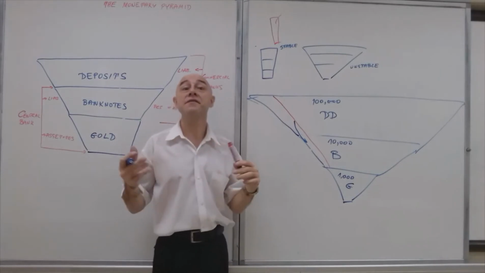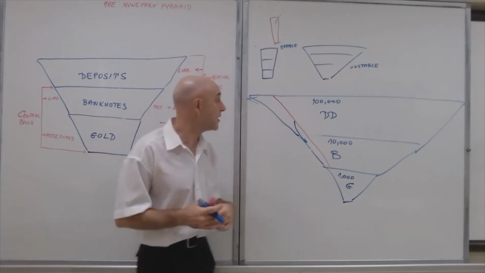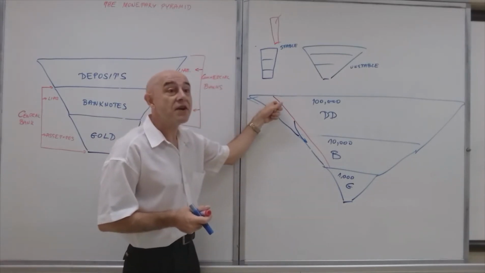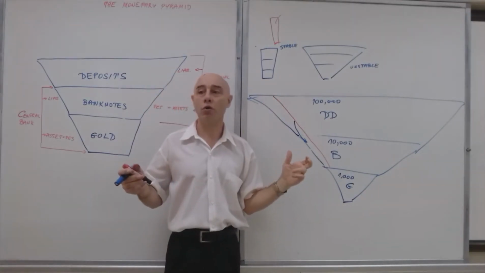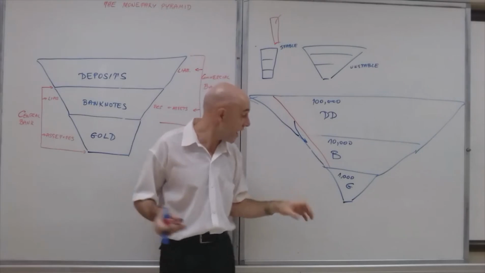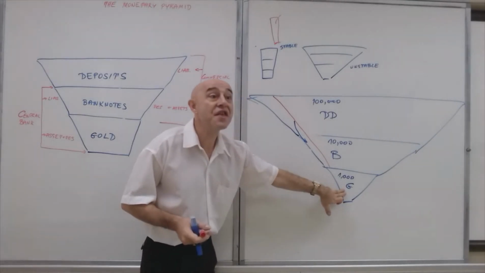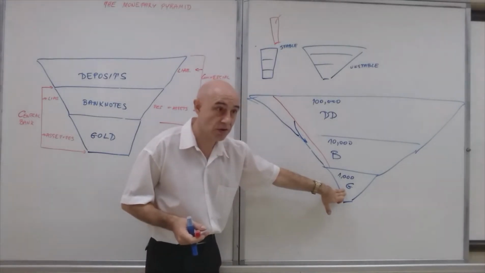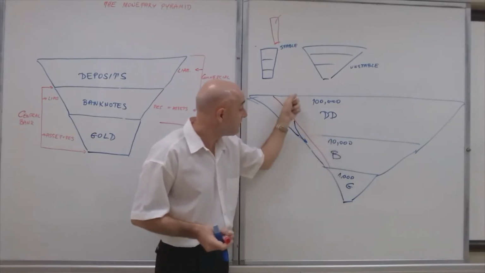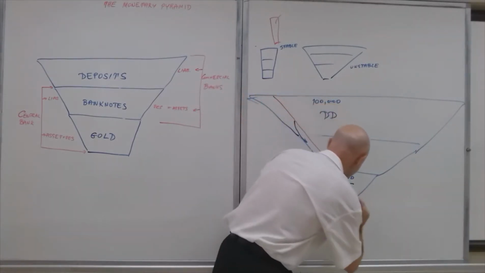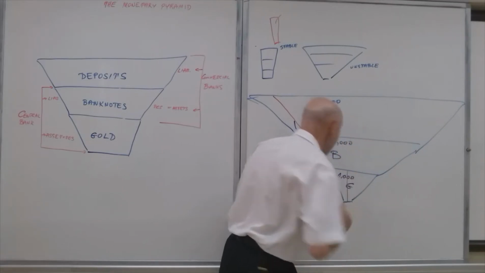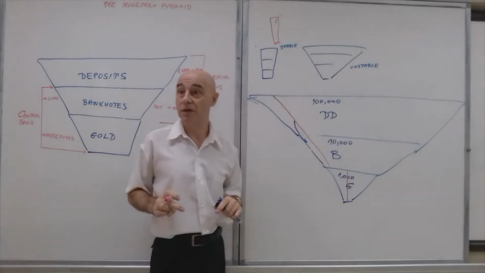Now, think of the next possibility. You take a $500 deposit and you want to convert it to gold. What's going to happen? You got only $1,000 of gold. If you want to convert 500 into gold, you literally got to take half of the gold.